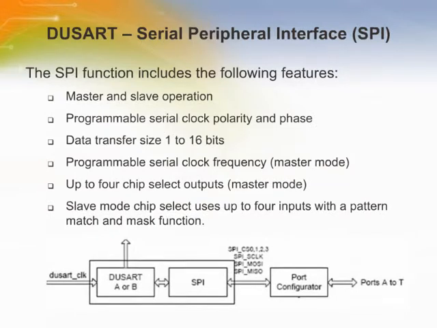The Serial Peripheral Interface, or SPI, is one of the protocols supported by the dual USART module. This gives the eCOG1X both SPI master and slave capability, with the option of supporting multiple slaves in master mode. Only a master can initiate a transmission, and the master provides the clock for the transfer.